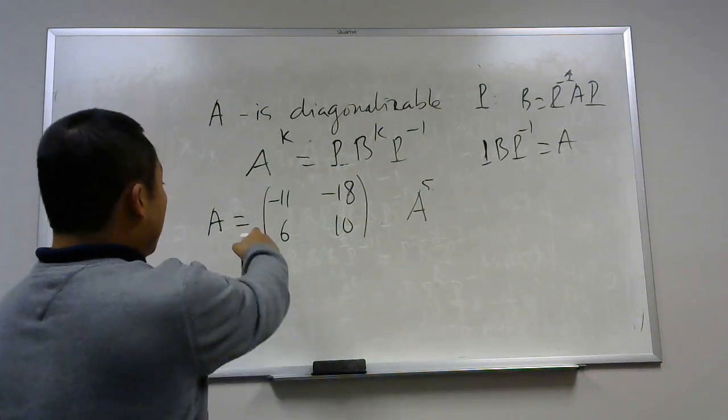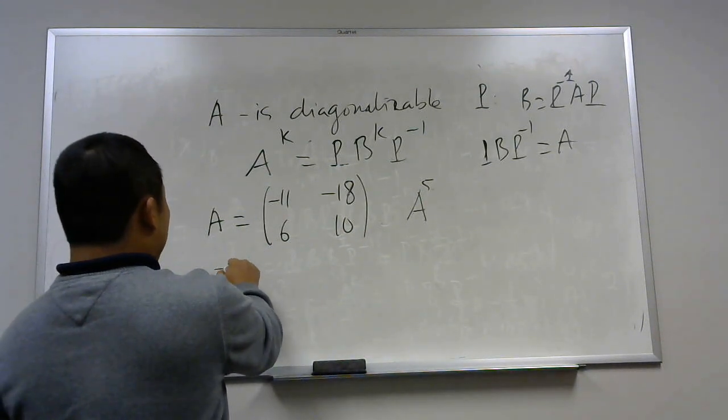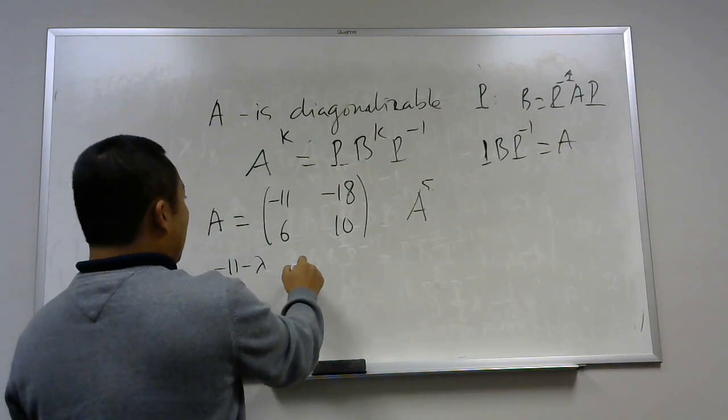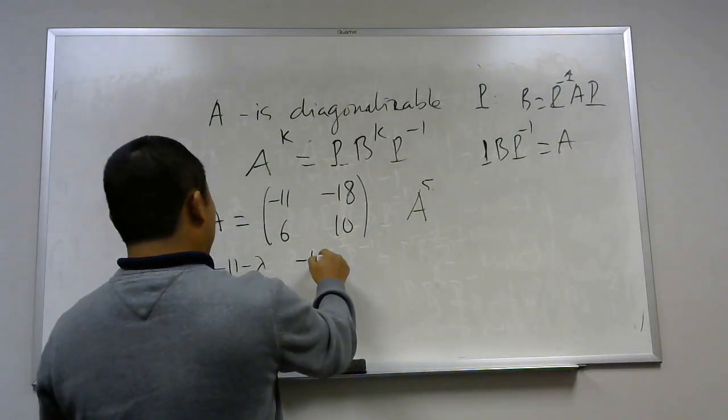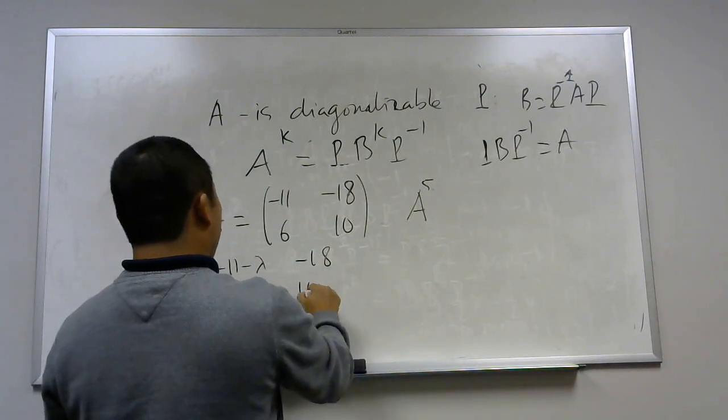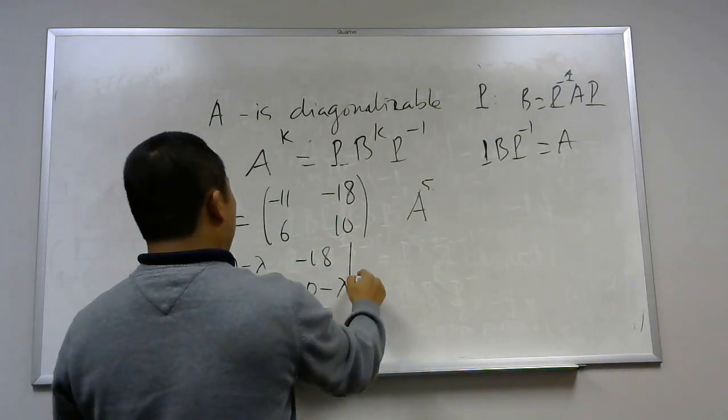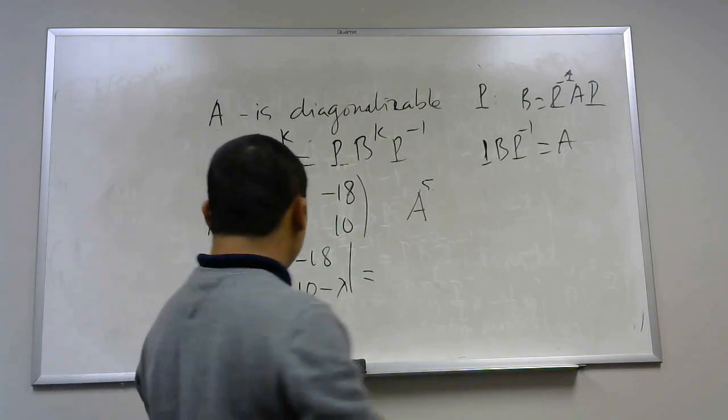So basically, let's find eigenvalues. I have -11 minus lambda, negative 18, and then 6, 10 minus lambda. You take the determinant and set it equal to 0.